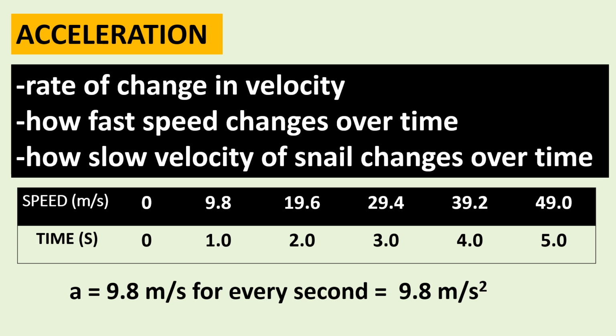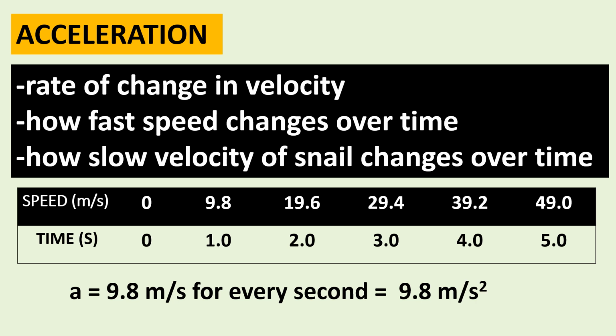We can also add into that the situation where both the speed as well as the direction of the velocity are changing. Okay, so how fast speed changes over time is another way of describing acceleration.